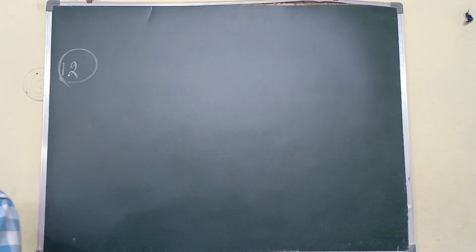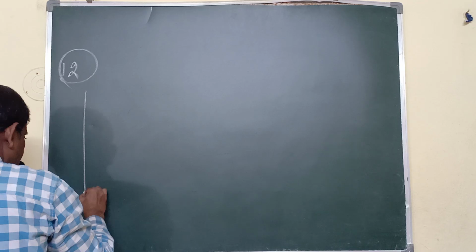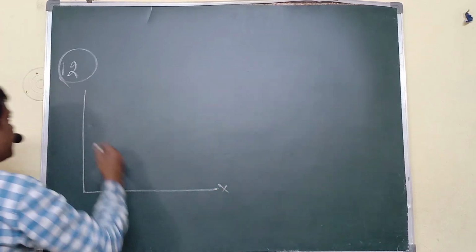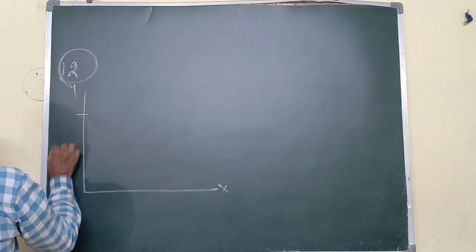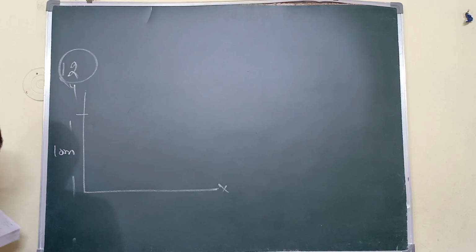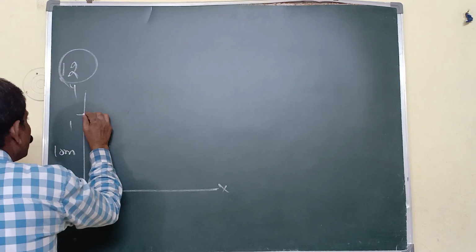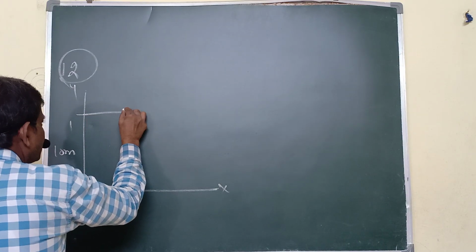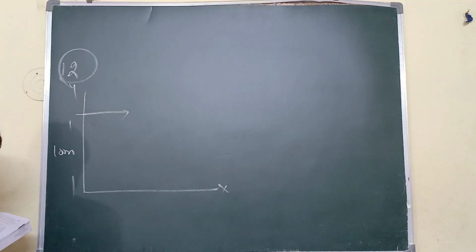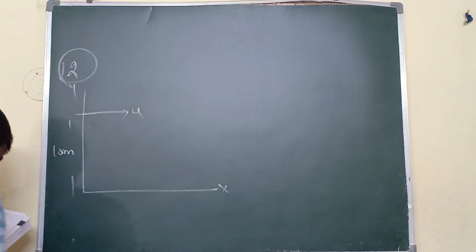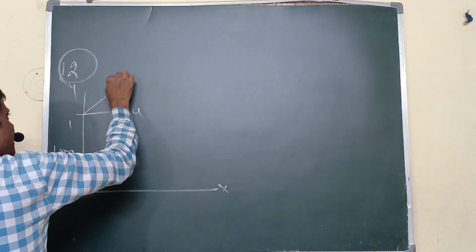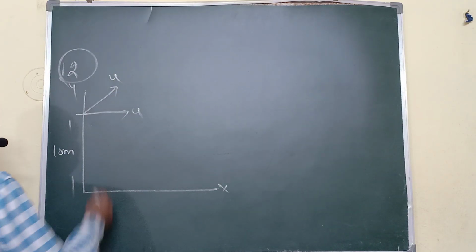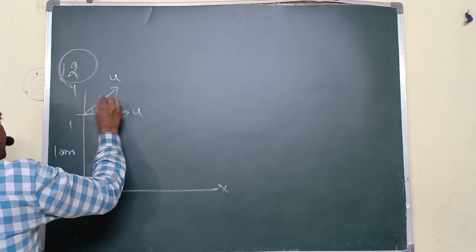Here I am taking this as the x-axis and this as the y-axis. Here is one hill. What is the height of the hill? 10 meters. From here, two guns: one fired horizontally with velocity u, another one obliquely with the same velocity, making an angle of 60 degrees.